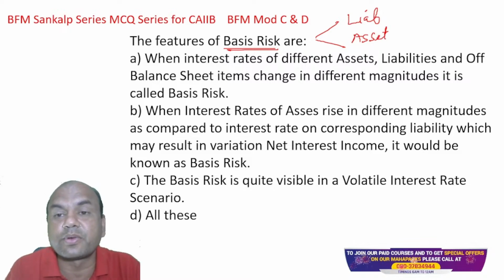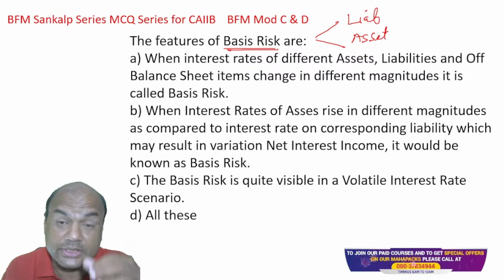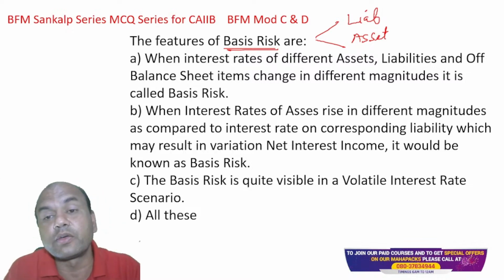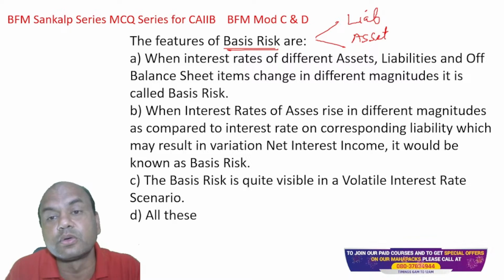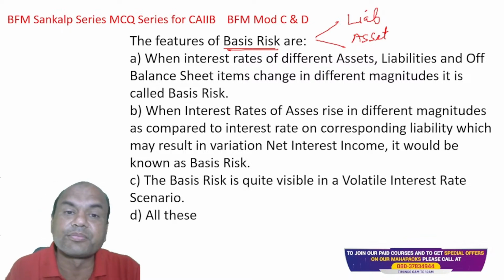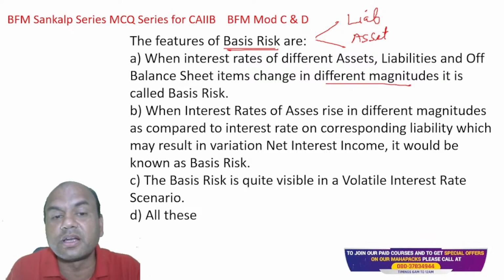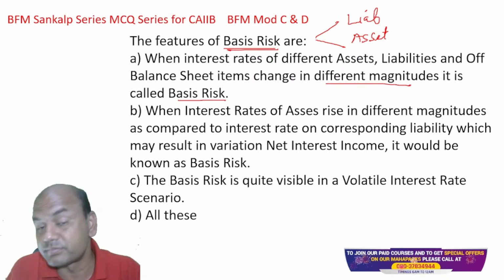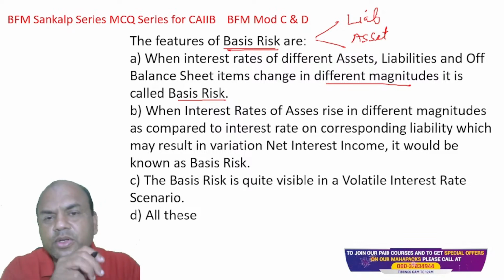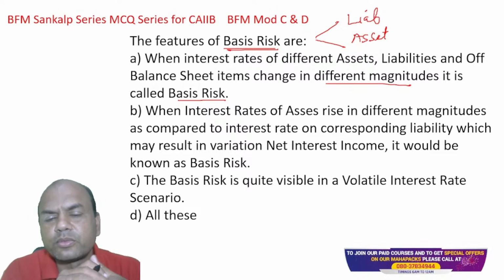For example, the rate of interest of deposits changes by 2% and the rate of interest of loans changes by only 1%. So that is known as basis risk. When the interest rates of different assets, liabilities and off-balance sheet items change in different magnitudes, it is called basis risk. Now you tell me, is A true? Is A the correct answer?